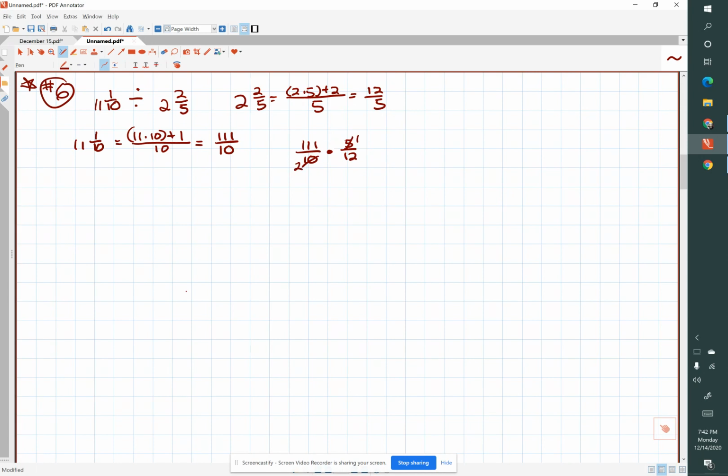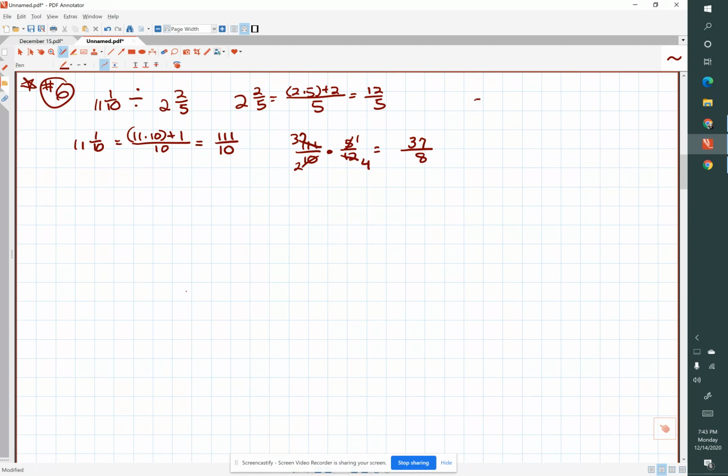And see if 111 is divisible by anything that 12 is also divisible by. Yeah, 3. 12 divided by 3 is 4. 111 divided by 3 is 37. So if we multiply across, 37, 2 times 4 is 8.